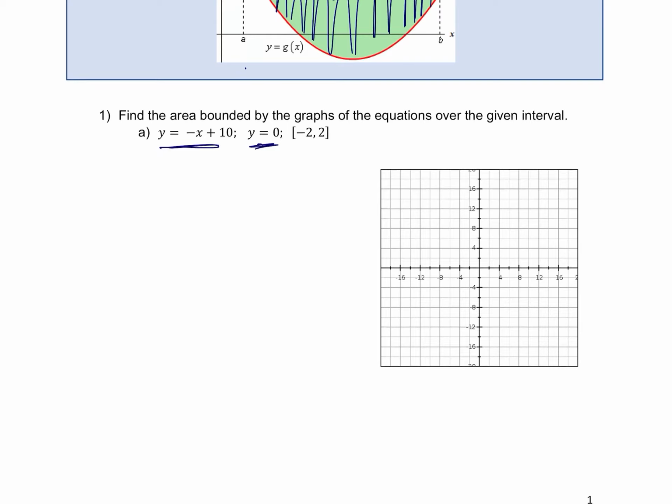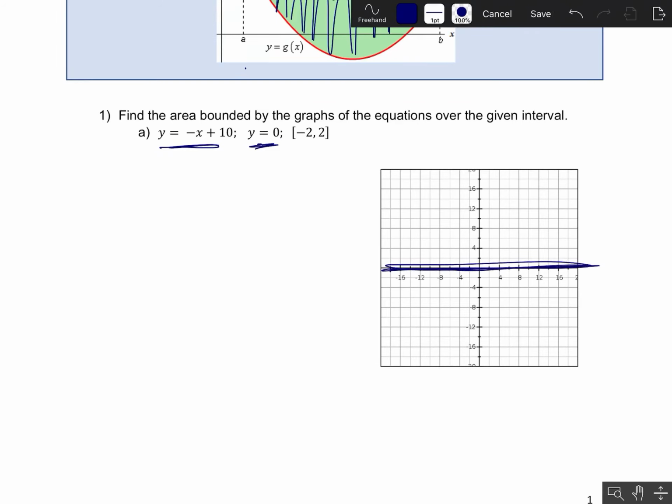So let's graph these first. Graphing y equals 0 is relatively easy because that's just the x-axis. We can also graph the other one. So y is equal to negative x plus 10. That would be a line whose y-intercept is at 10, so it will go through this point.